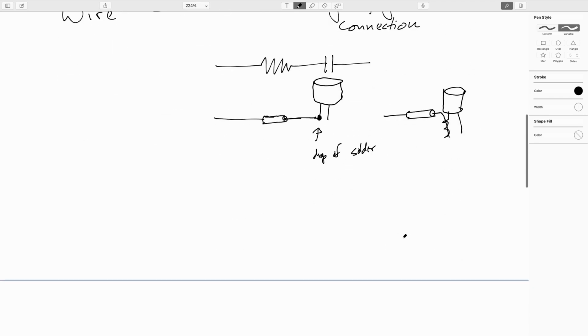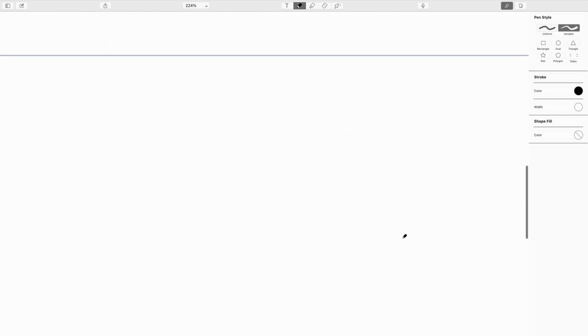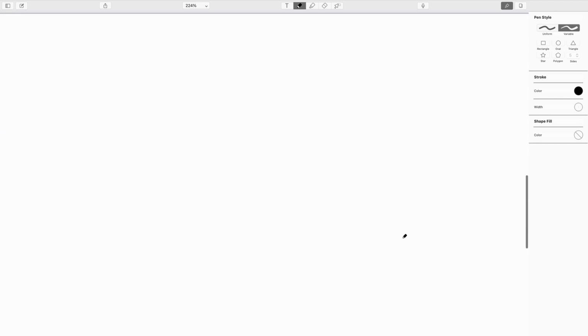So the other thing that I want to get into here, and then in the next video we will start tackling using Kirchhoff's laws to look at circuits, is I want to bring in the assumptions of an ideal circuit.